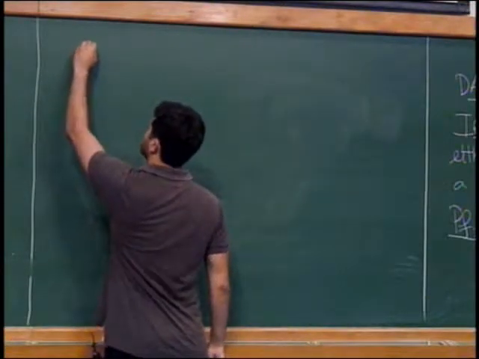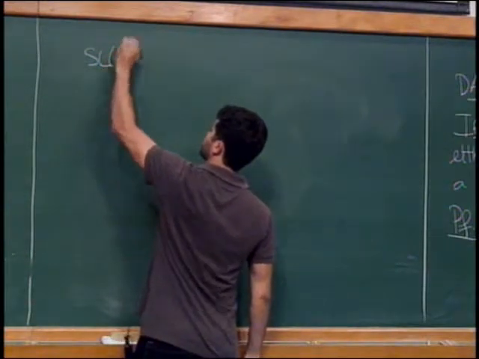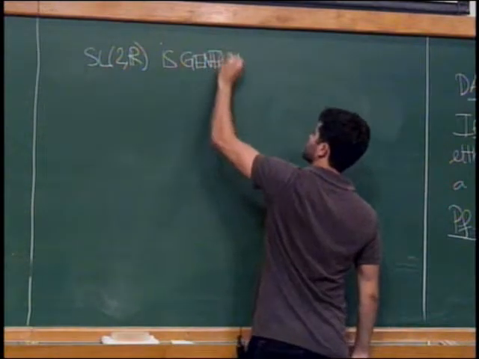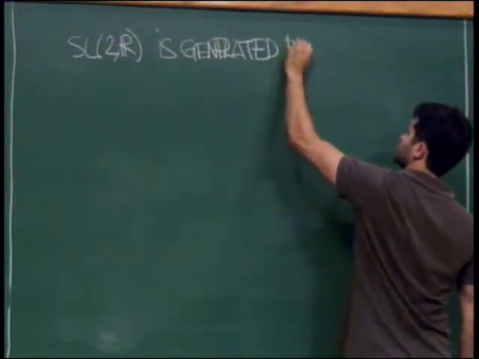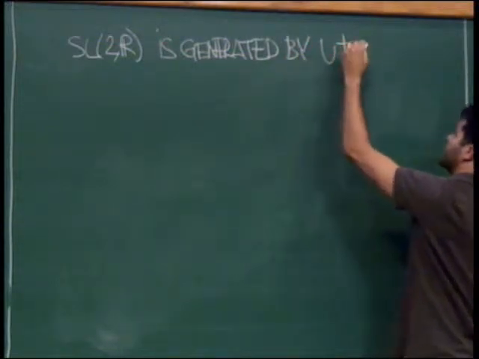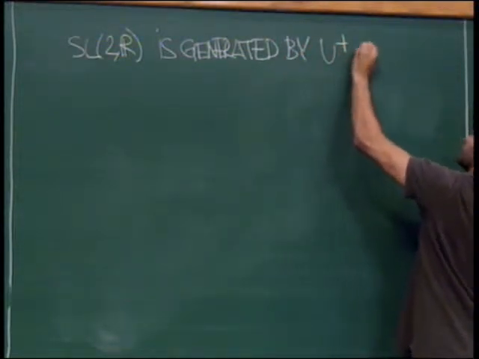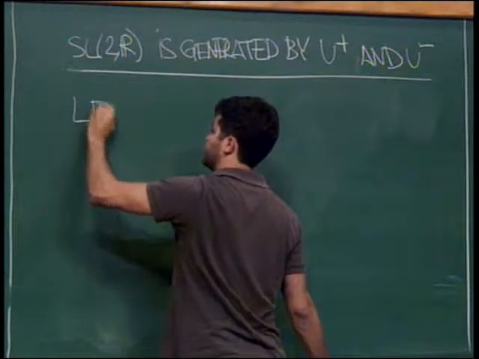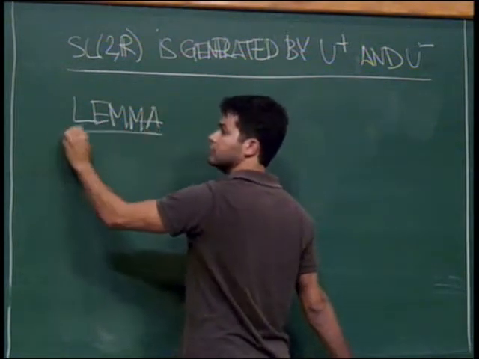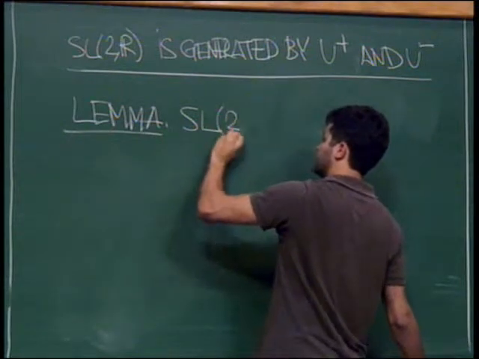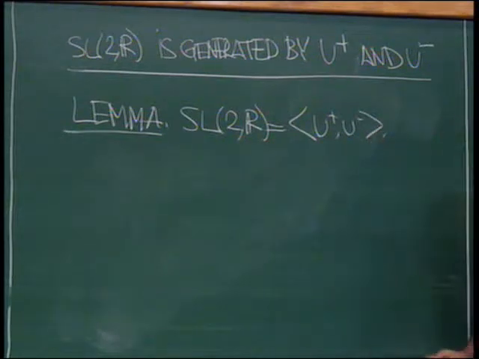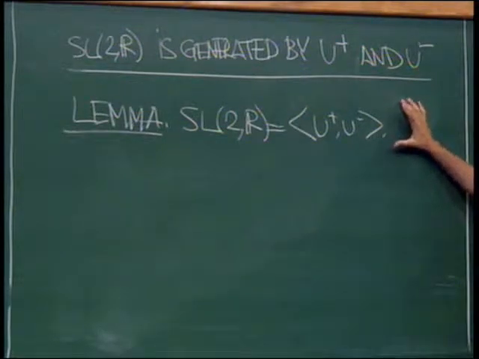So the other lemma is that SL2R is generated by U plus and U minus, okay? And I'm only going to tell you how to prove this.